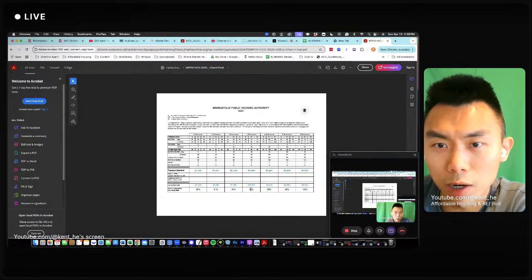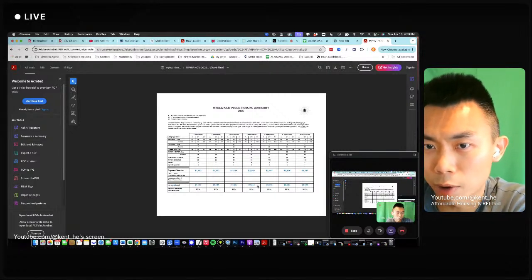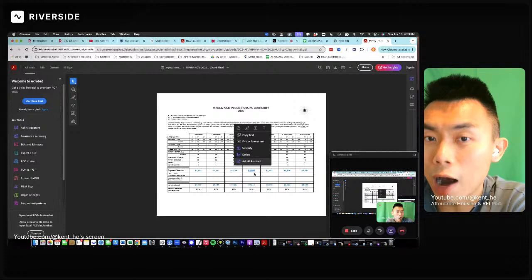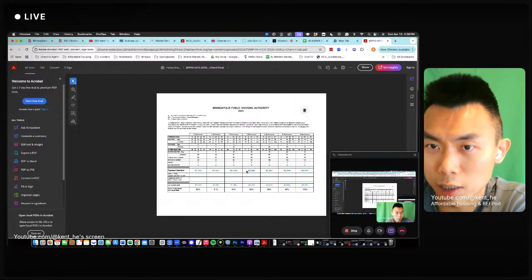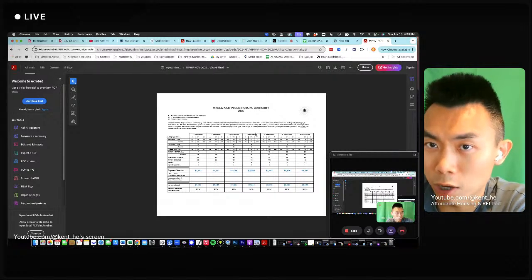Here's your fair market rent, and here's your payment standard. So this tells you right here that even though your HUD FMR, the parent fair market rent, is 2244, the city says, hey, our housing authority will only pay up to 2,064 for utilities and rent. So that's what the voucher covers for 3 bedrooms.